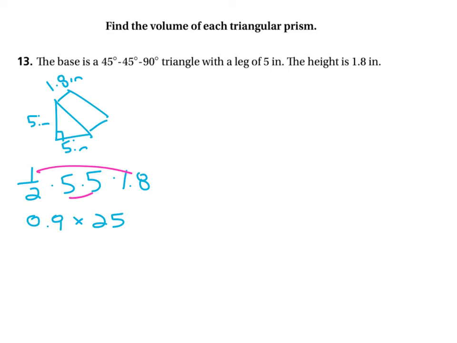I mean, I do, but let's just see. Okay. 25 times 0.9, 9 times 5 is 45, 9 times 2 is 18, plus 4 is 22. And there's no need to multiply by the 0 here and get a string of zeros. It doesn't add any value to our calculations if we write a bunch of zeros there.